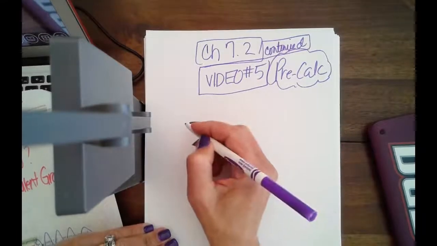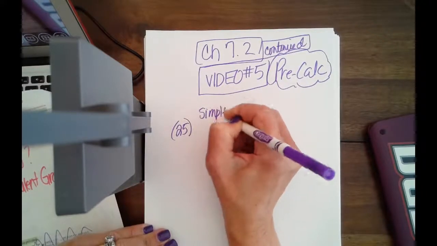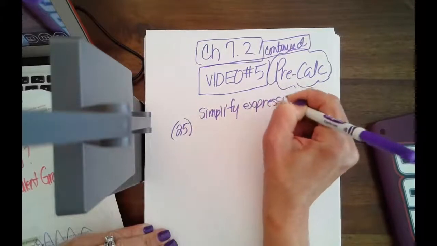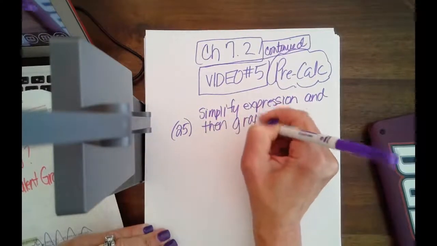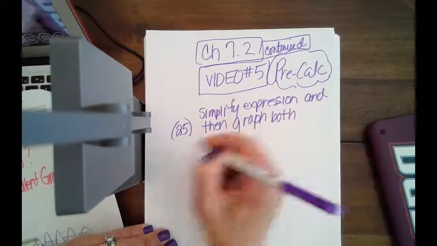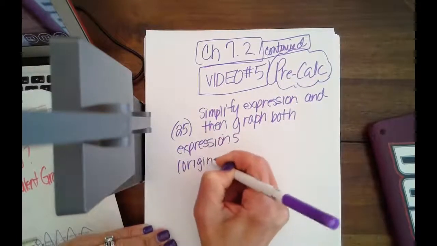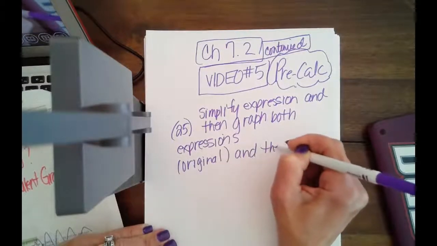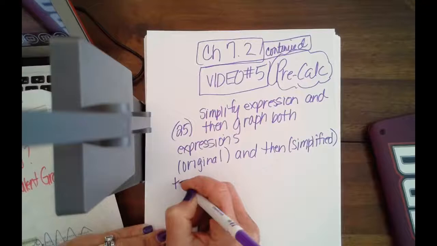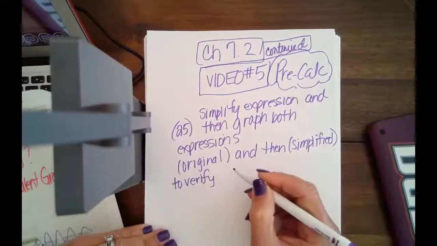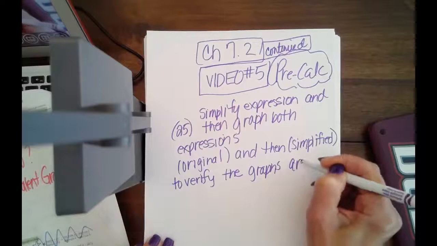Alright, number 25. It says simplify the expression and graph both expressions, meaning the original and then simplified, to verify the graphs are identical.